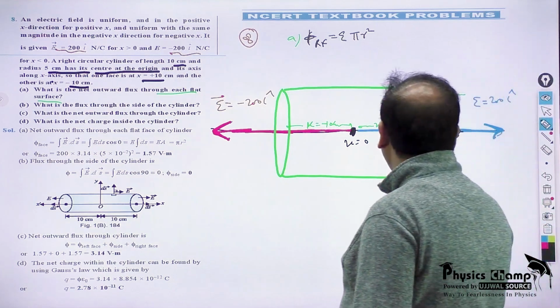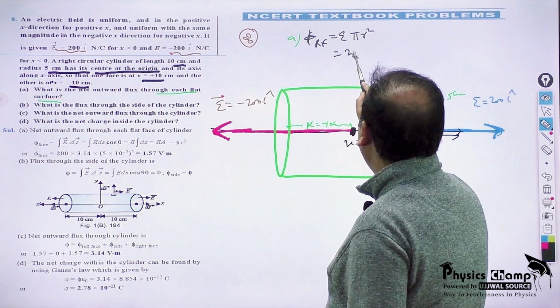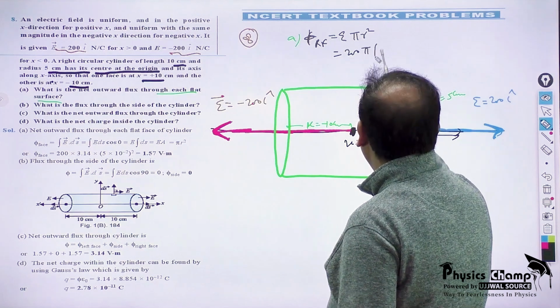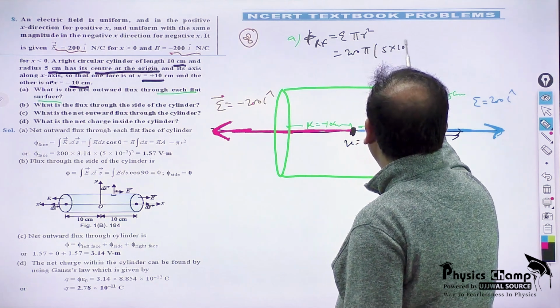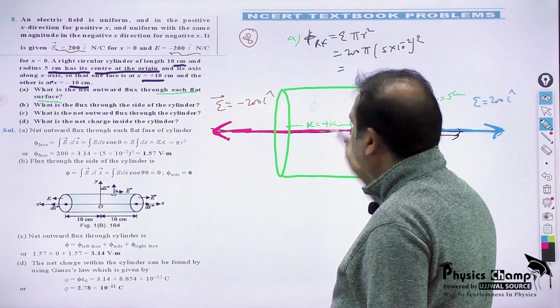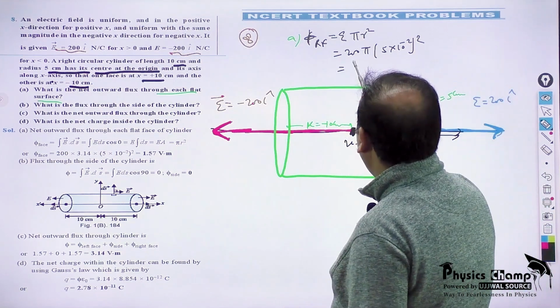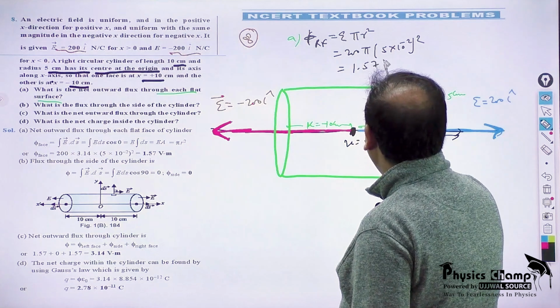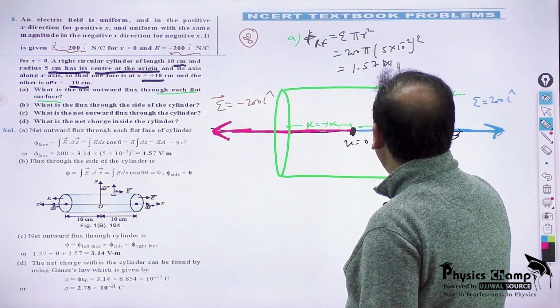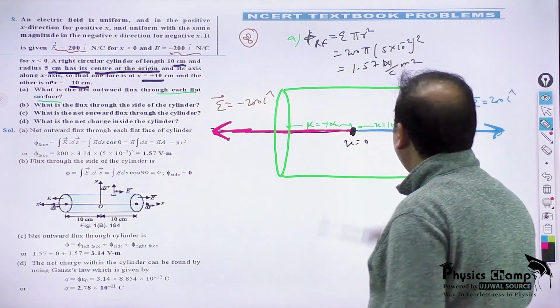Electric field will have magnitude at this end 200 into pi into 5 into 10 to the power minus 2 square. So the electric flux through the right flat surface will be 1.57 Newton per coulomb meter square, like that.